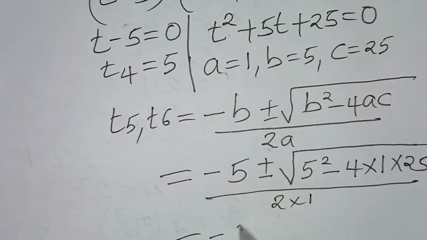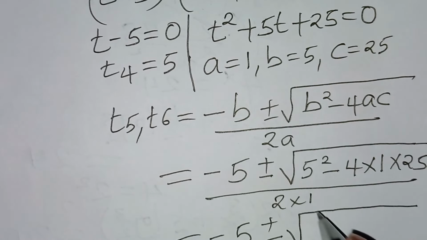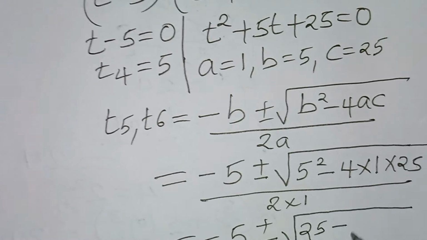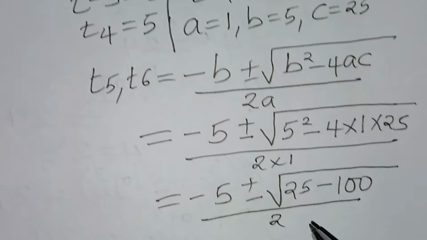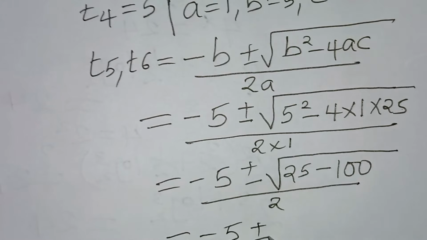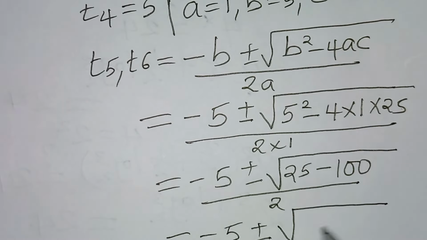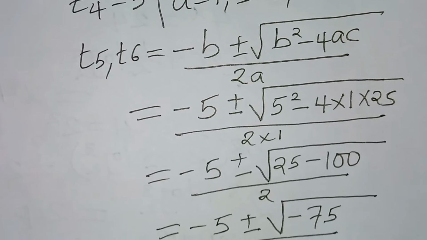So here you'll have minus 5 plus or minus the square root of, now 5 squared, this is 25, subtract 4 times 25, this is 100, divided by 2. The next step here, we have minus 5 plus or minus, now 25 minus 100, this is minus 75, divided by 2.